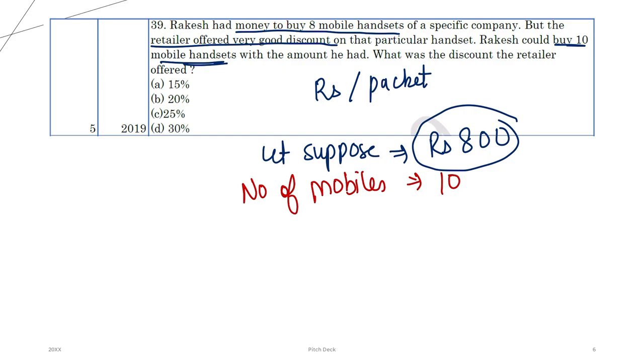Why am I taking 800? Because it is divisible by 8 and by 10, so it is good for me, right? If I had taken, say, rupees 30, it would not have been divisible by 8, nor by 10. So I am taking a number which is divisible by both. So the total money I have is 800.